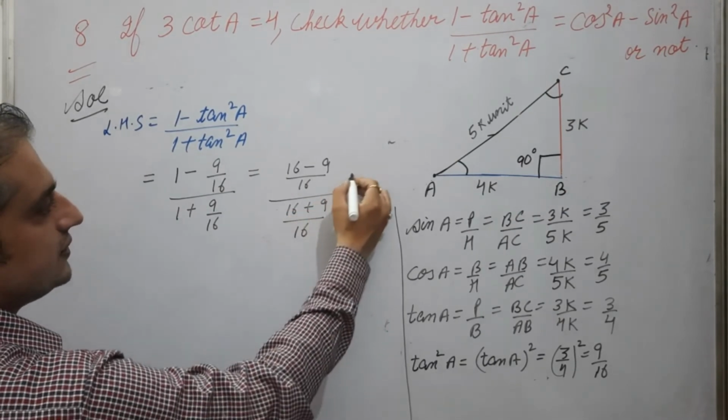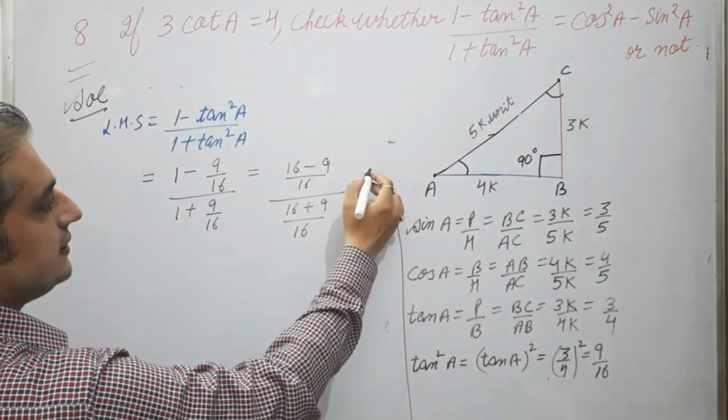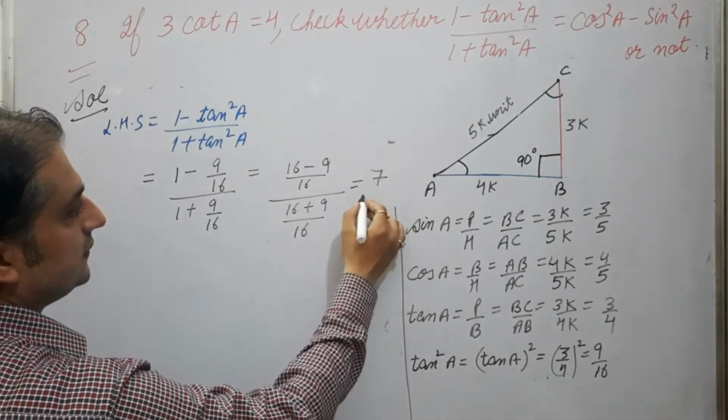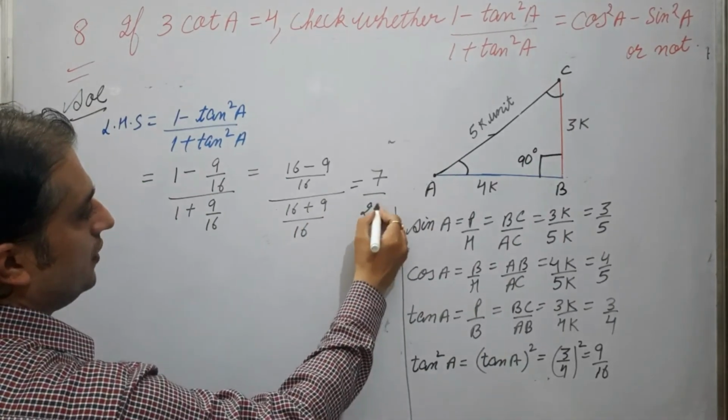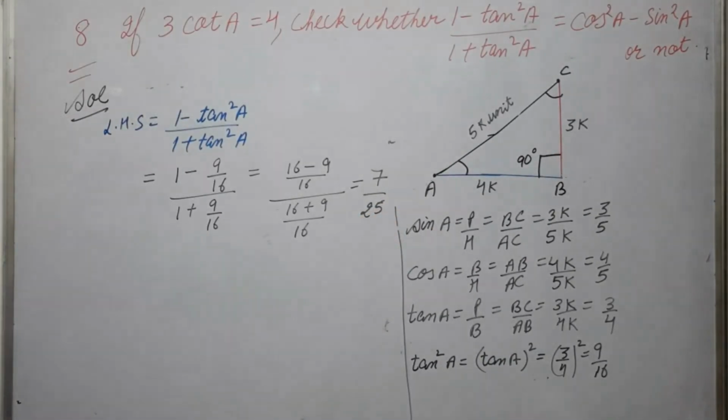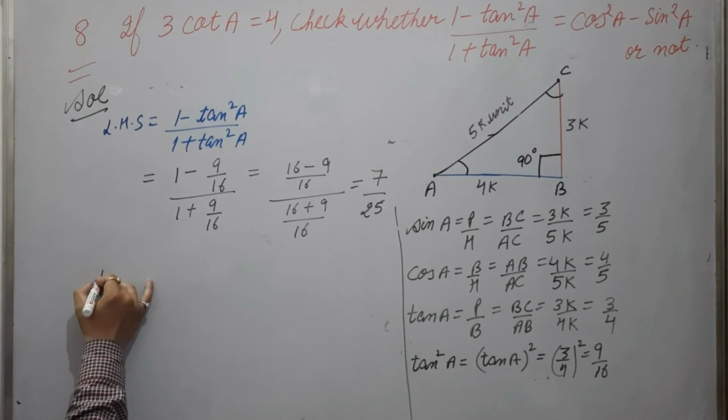So 16 cancels out with 16. The answer is 16 minus 9, 7, and 16 plus 9, 25. So this is the value of the left hand side, 7 upon 25.